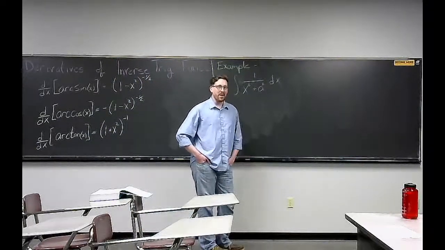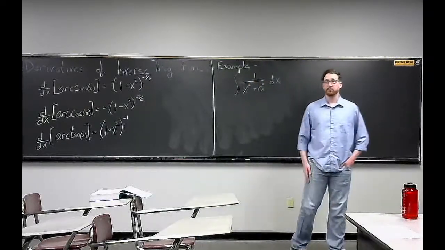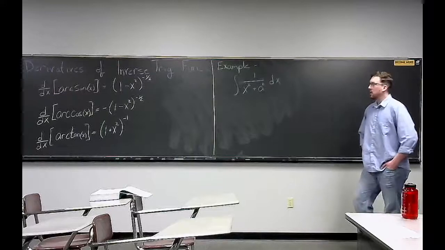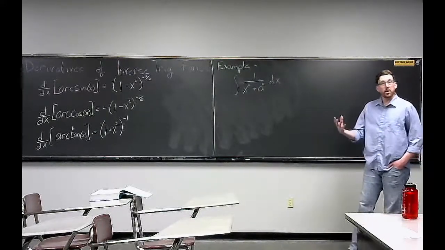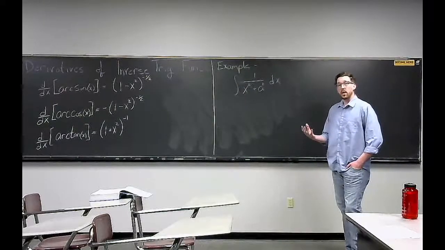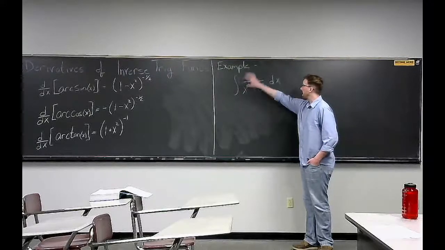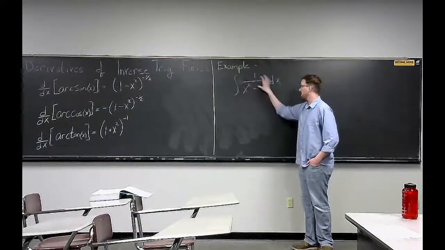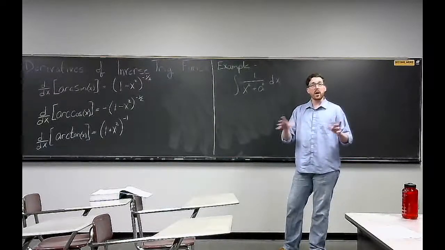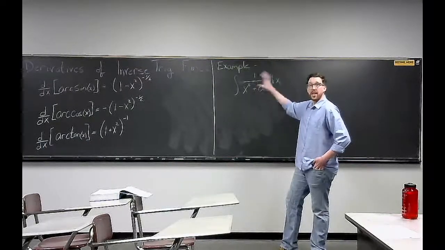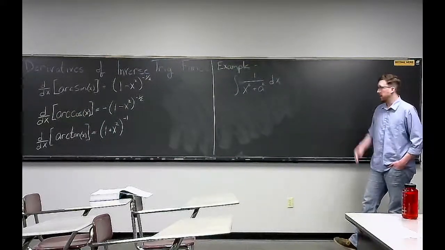But the way we're going to go about this is we're going to start by multiplying by 1. Now, what do I mean by that? Well, we're going to represent 1 in a very particular way. And when we multiply this by that 1, we're not going to change anything. We're just going to get a new way of writing this. And by doing that, we're going to be able to work out what our solution is.